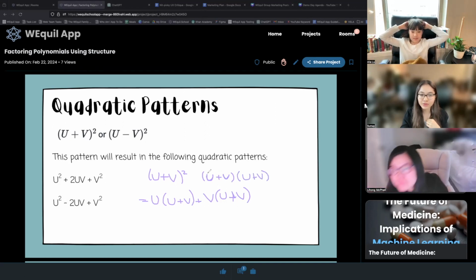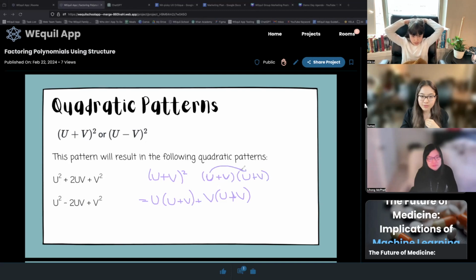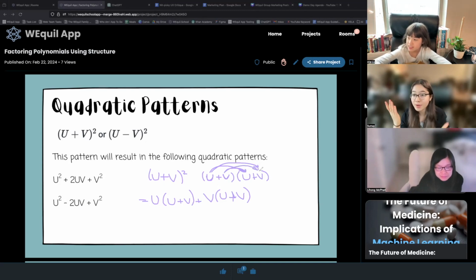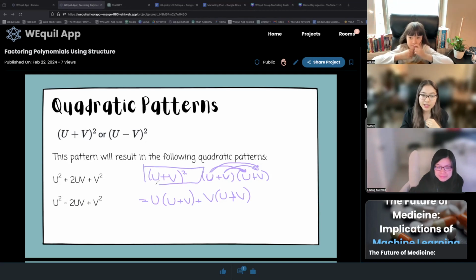Basically, we're having u go into both of these and we're having v go into both of these, and I'm just trying to map that out. This is also talking about the distributive property that we were talking about earlier. So if you're trying to solve an equation like this, this is basically how you map it out.